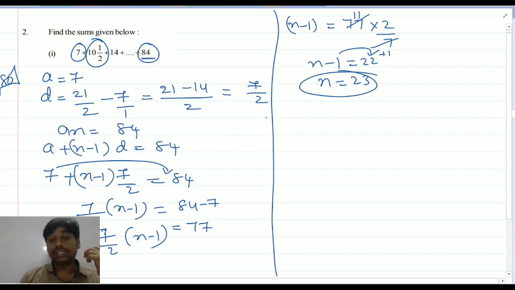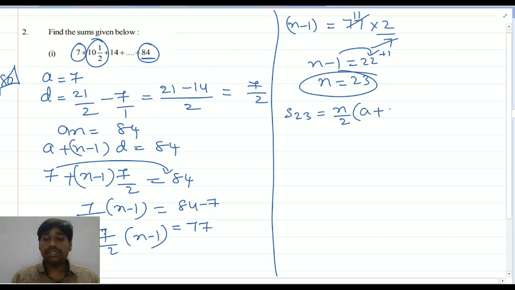Then we have to find the sum of 23 terms. There is a formula for that. First term and last term we know, and the formula is there, no? That is S23 is equal to n by 2 of A plus an. This is the best formula you can use, and you can solve the answer here.